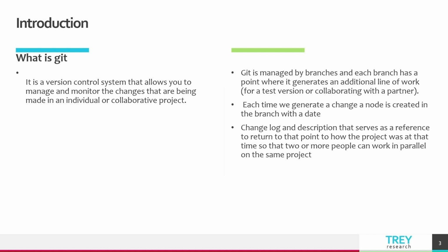A change log and description serves as a reference to return to that point, to how the project was at that time, so two or more people can work in parallel on the same project.